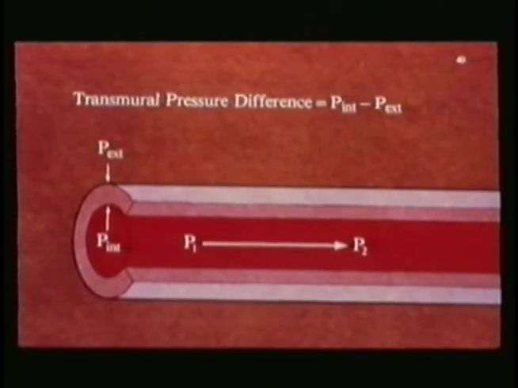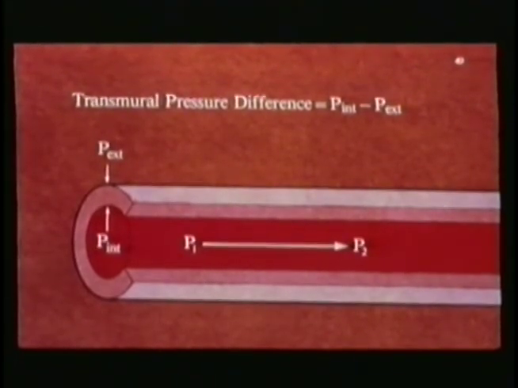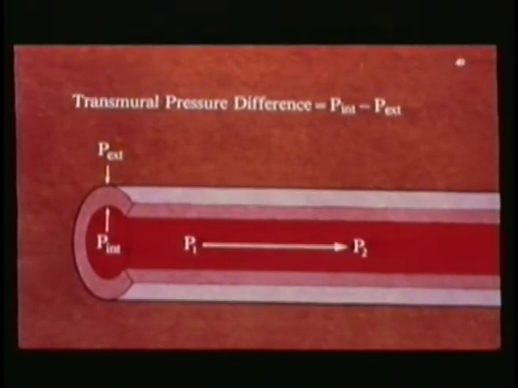Since fluid pressure is exerted in all directions, however, it is also directed against the wall of the vessel. The difference between the intravascular pressure and extravascular pressure is referred to as the transmural pressure difference. It is this pressure difference that causes the distension of the vessel.